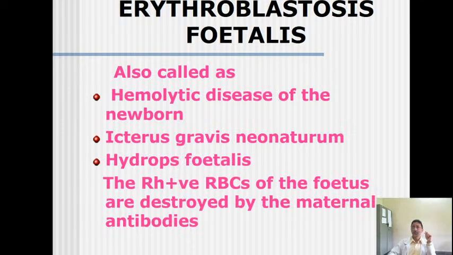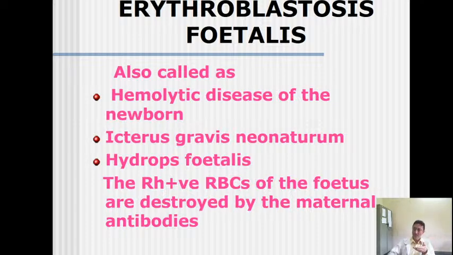It is also called hemolytic disease of the newborn. It is also called icterus gravis neonatorum. It is also known as hydrops foetalis. Hydrops foetalis, because hydrops means the head is enlarged, the skull size is much more than normal, the child is much heavier or bulkier, hence it is known as hydrops foetalis.